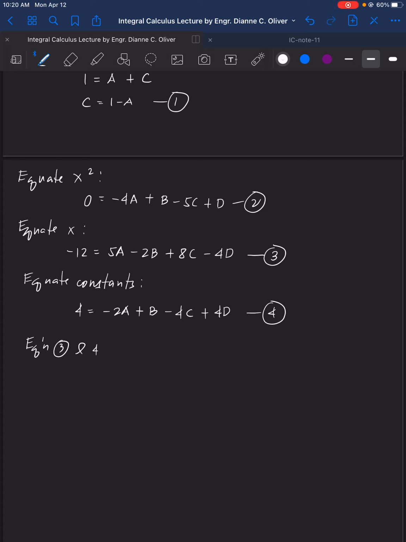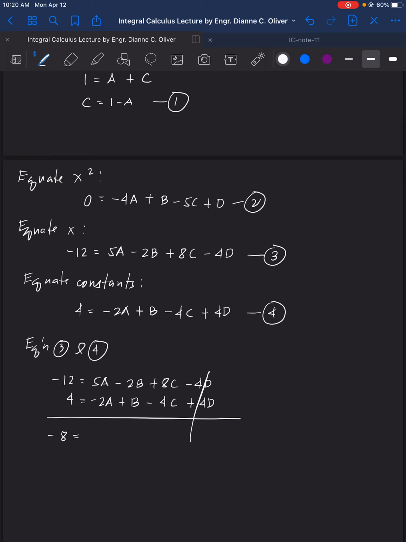We have there negative 12 equals 5a minus 2b plus 8c minus 4d. For equation 4, we have 4 equals negative 2a plus b minus 4c plus 4d. Cancel out d. So what's left is negative 8 equals 3a minus b plus 4c. Let's name this as equation number 5.